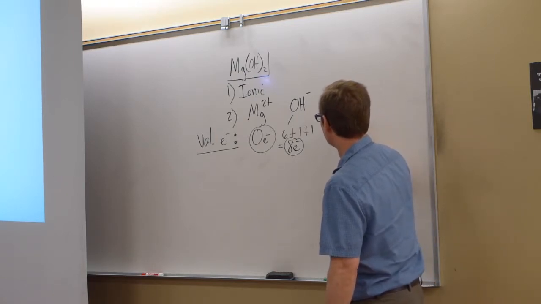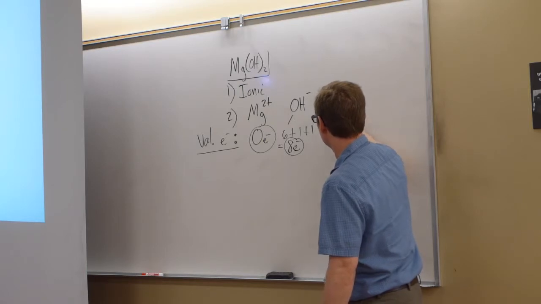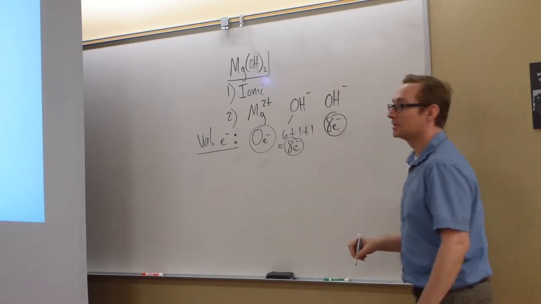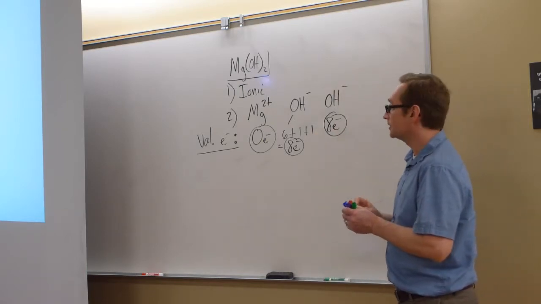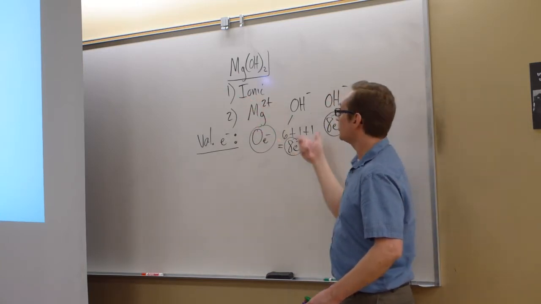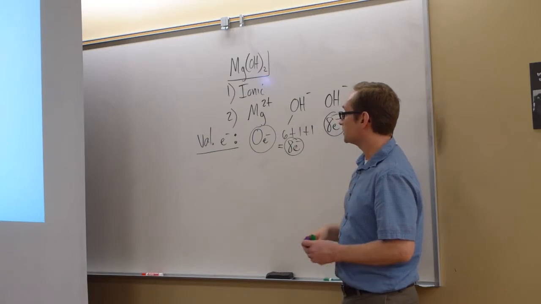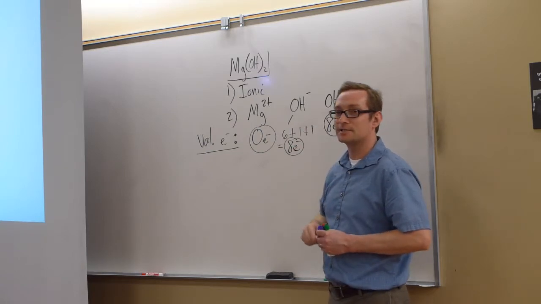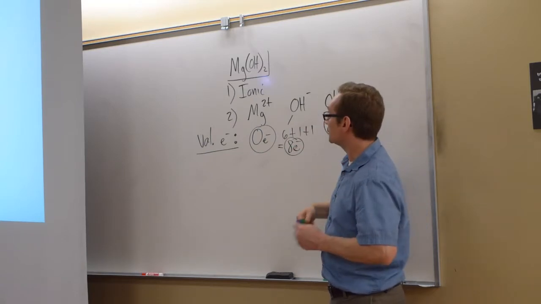And then the other hydroxide also has 8. So from Chem 107, because they never taught you to look at ionic versus covalent, you would just say, oh yeah, the whole molecule together has 16 valence electrons, and this would be the structure somehow, right?